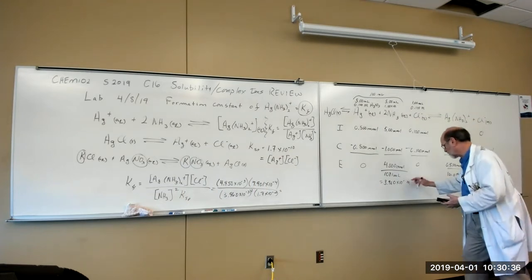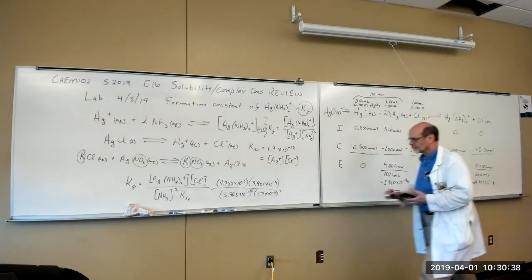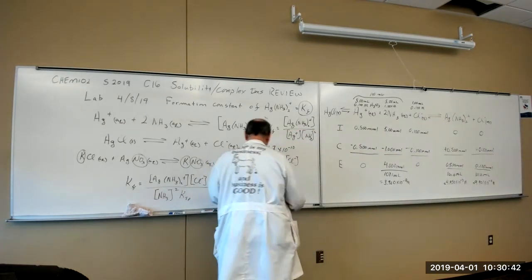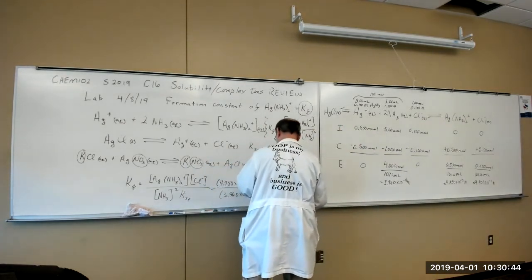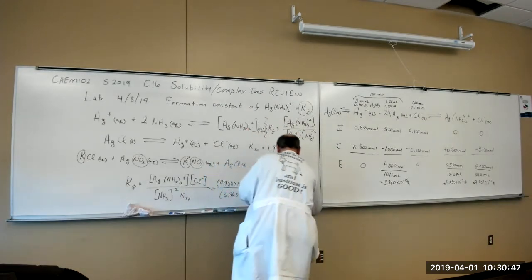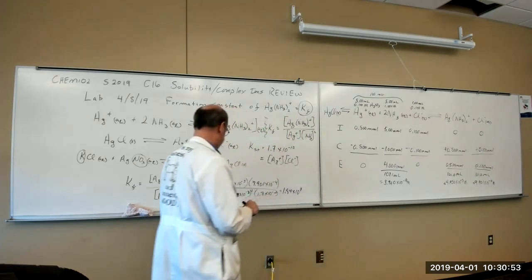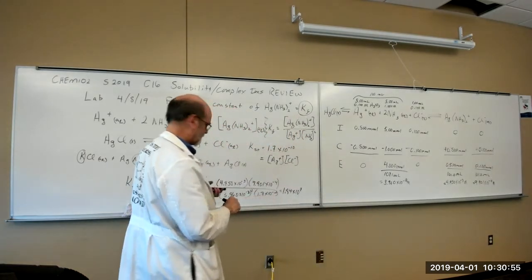Yes, that should be 2. That is correct. That means this will be 1.84 times 10 to the 7th, I think.